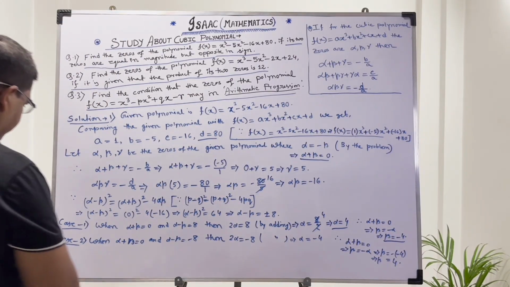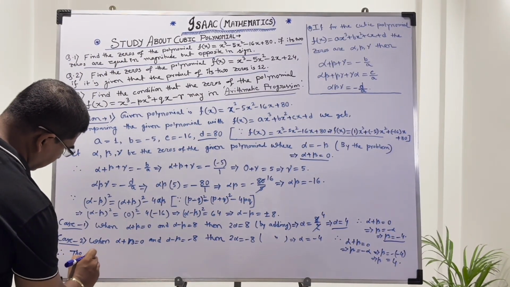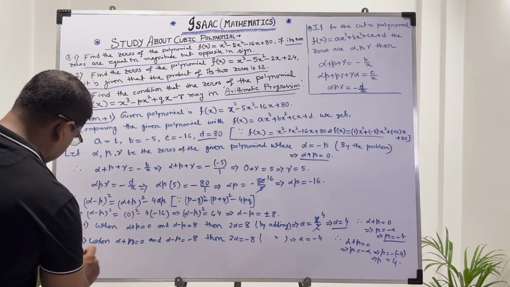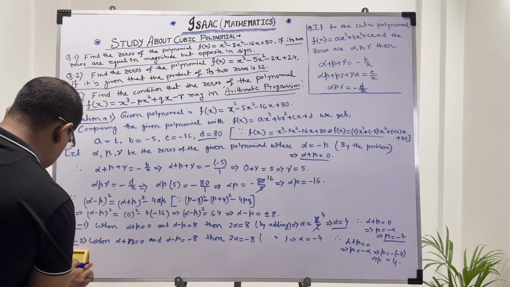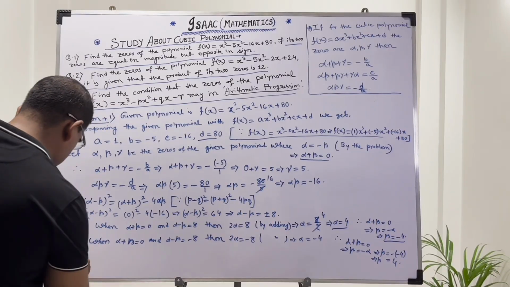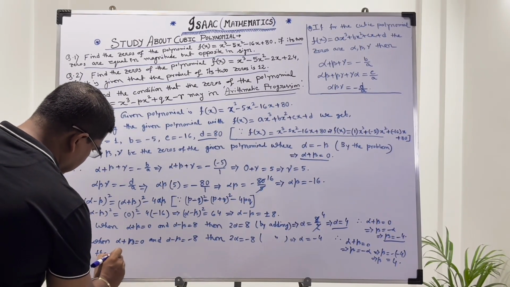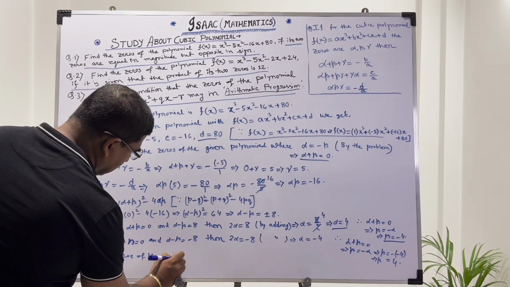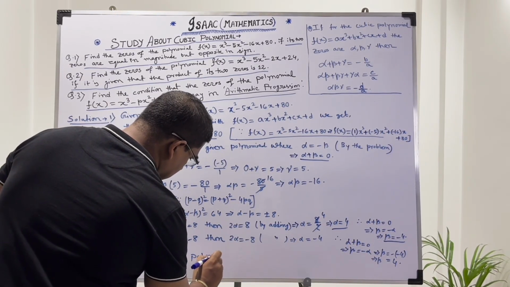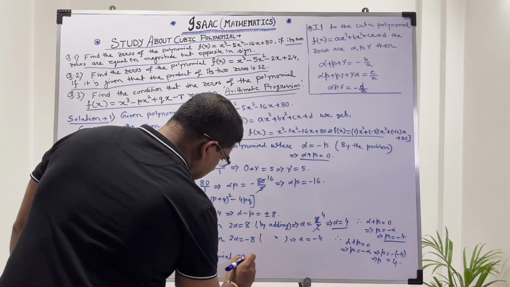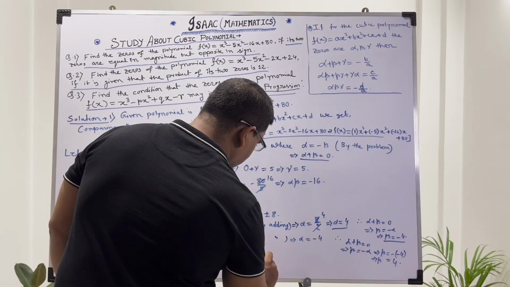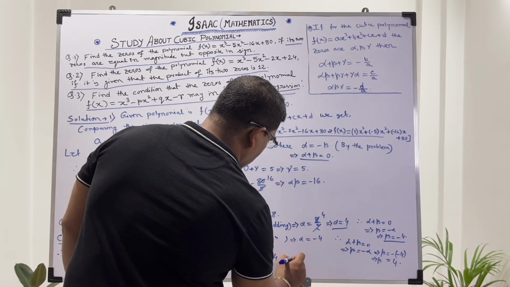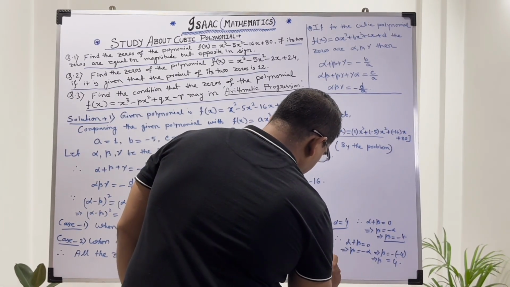Okay. So therefore all the zeros of the given polynomial are 4, minus 4, 5.